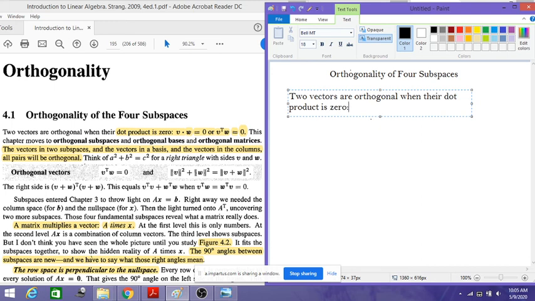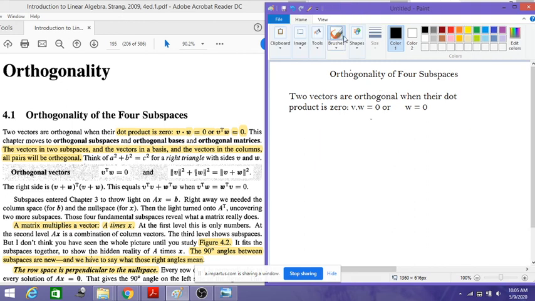Suppose we have a vector v and another vector w, then v transpose w should be equal to 0. Then we say that the two vectors are orthogonal, or perpendicular to each other.